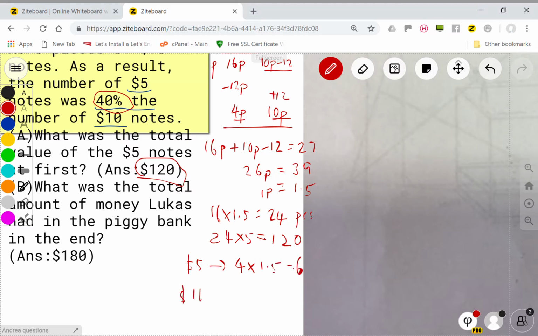Number of $10 notes, 10 times 1.5 equals 15. So we times 6, so 5 times 6, $30. So there's $30 of $5 notes, and then 15 notes, so $150. $150 plus $30 equals $180. That's it.